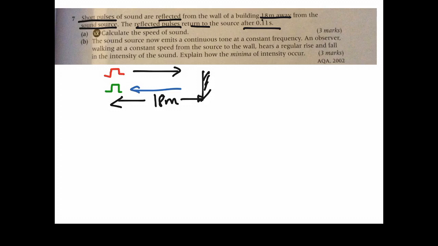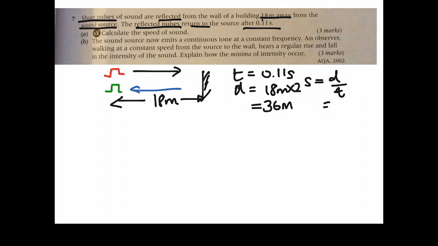So we know that t is equal to 0.11 seconds, and we already have a value for a distance. So applying speed equals distance over time would yield. Now let's think very carefully. The distance is 18. That's only in one direction, but because it's gone to and fro, the distance it's traveled in 0.11 seconds is actually 18 meters times 2, so 36 meters.